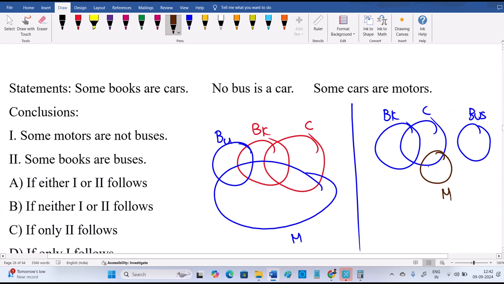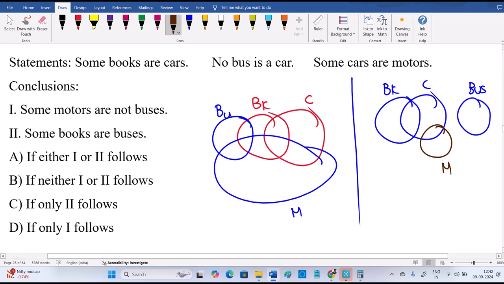Some cars are motors. No bus is a car. Some books are cars. These are a few diagrams right now. We'll see which is true in all cases. Both they didn't mention anywhere.